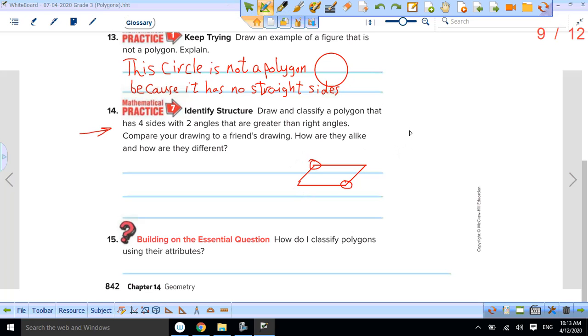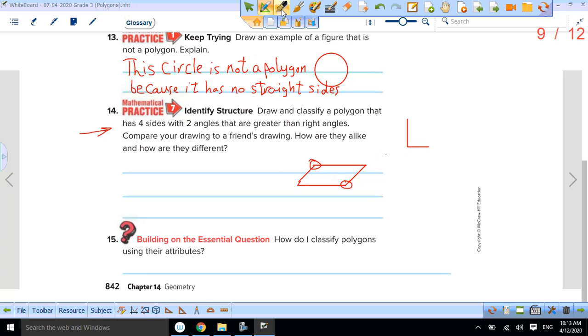We know the shape of the right angle is like that. This has an open region greater than this one, so it is greater than a right angle.